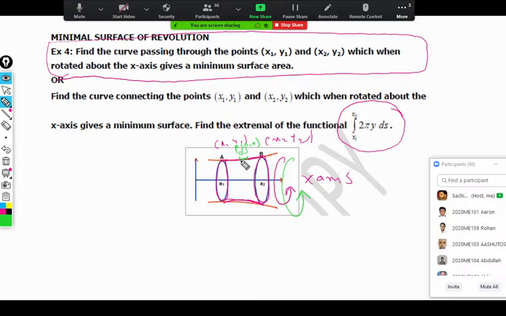This is the disc that you will get there.